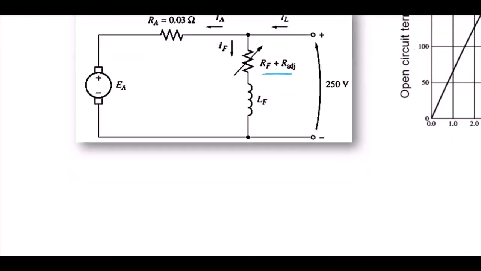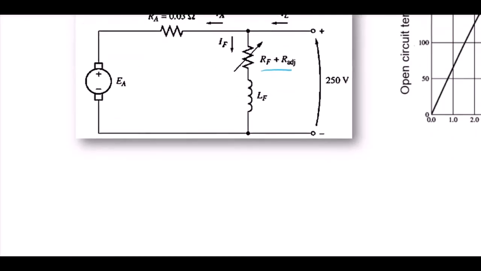In the first condition, RF is equal to 41.67 ohms, here let's call it RF1.